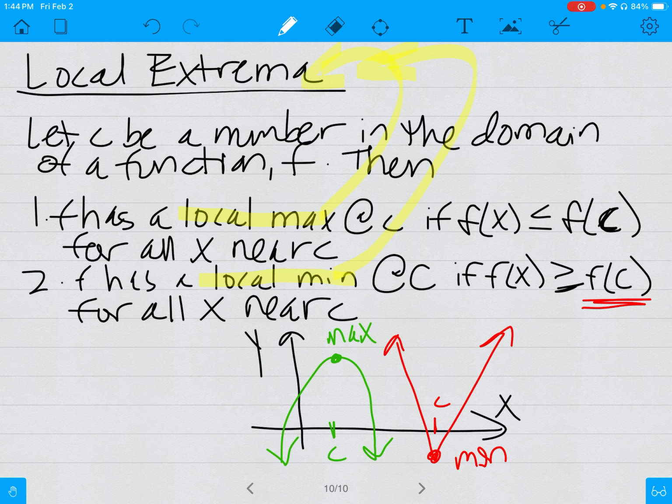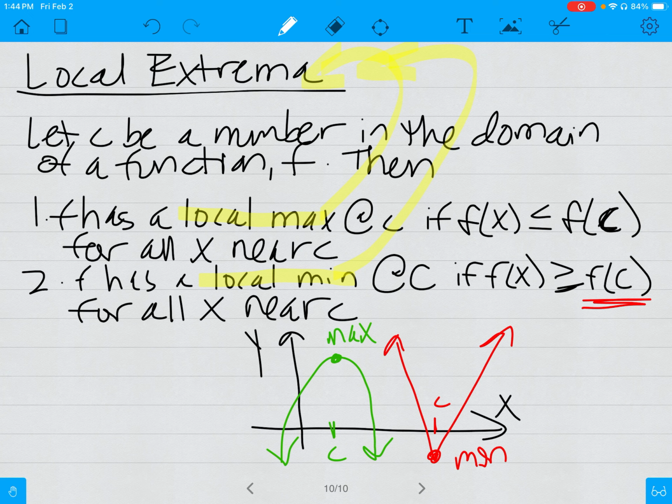And now what we want to talk about is how can we find those extrema? So to look for our extrema, we can take a look at a couple of things.